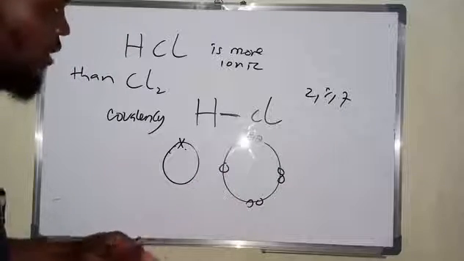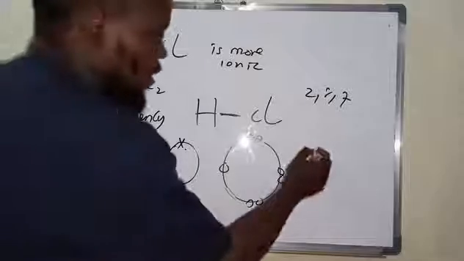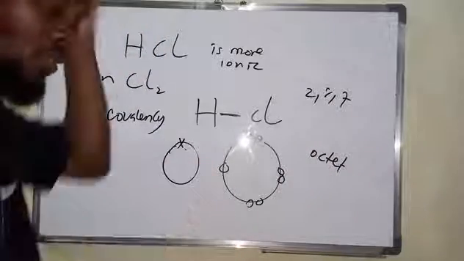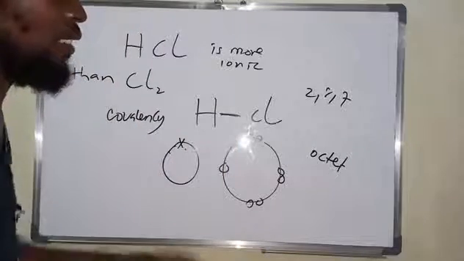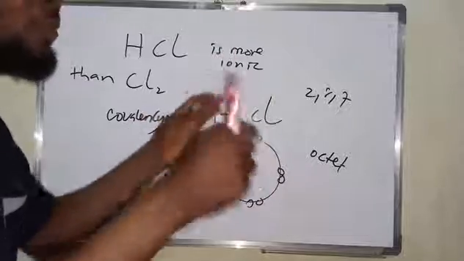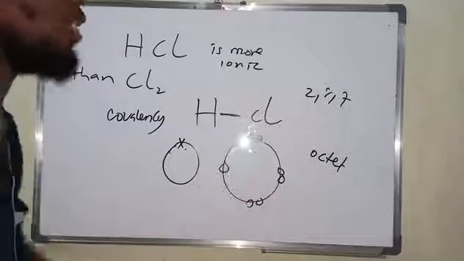So chlorine requires one more to attain the octet configuration. An octet configuration is a stable configuration. So it wants to attain a completely filled shell as the outer shell.